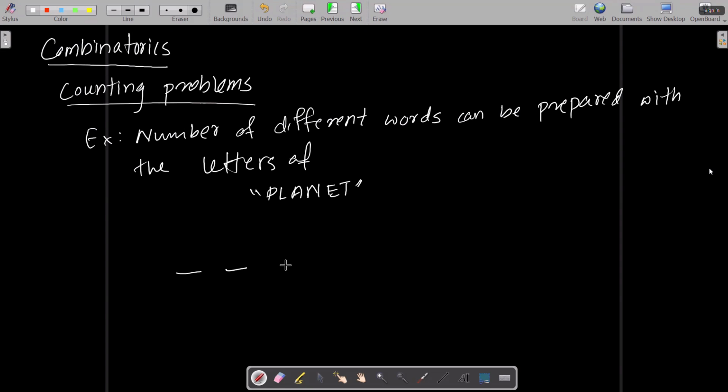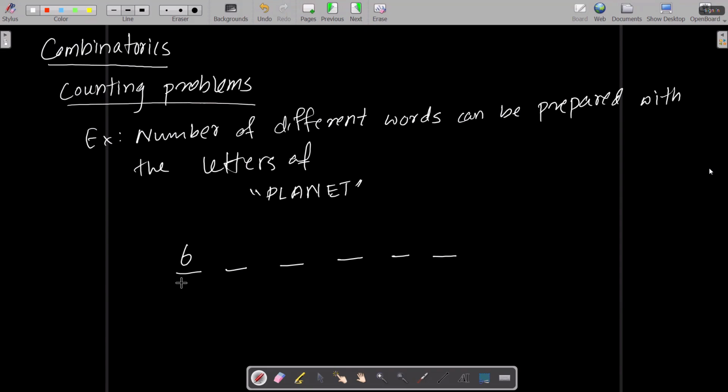You have a word with 6 letters, and you can use these letters to build different words. You take the first position, and here we have 6 different letters to put into this position.